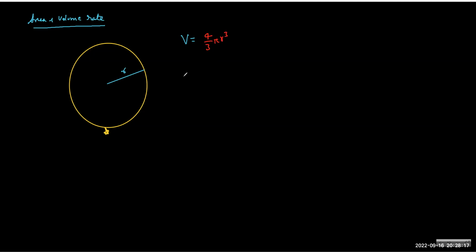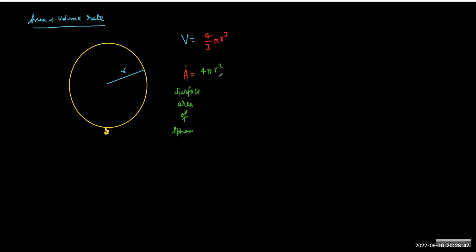What is the surface area of a sphere? 4 pi r square. Very good. As the radius changes, the area will change, or vice versa.